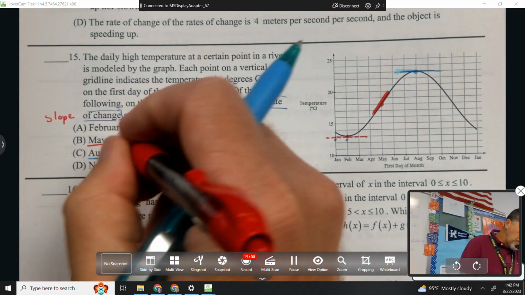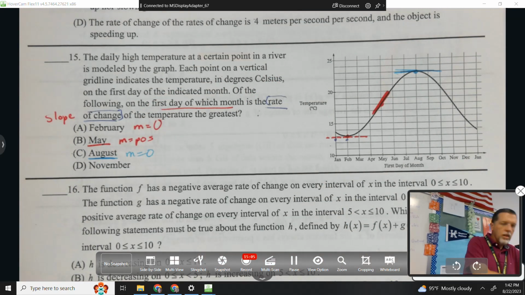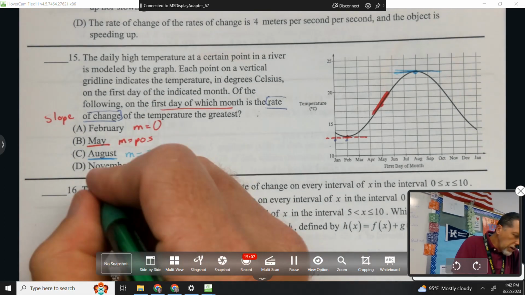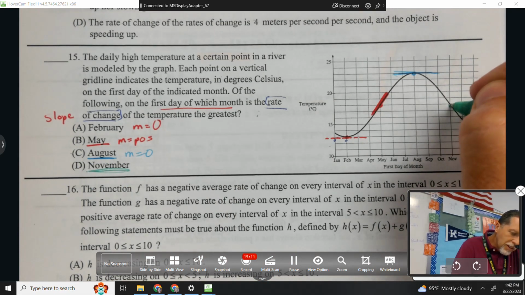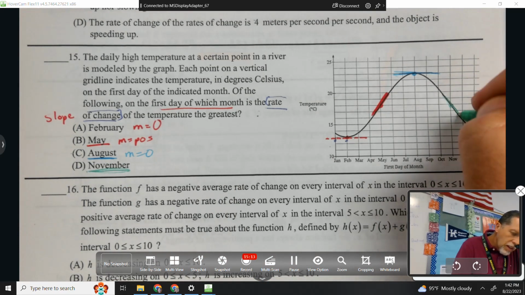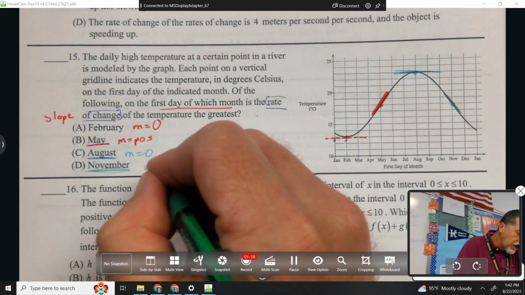You know, I can say May is positive. That's about all I can say. And then in November, I think I know my answer. November, the slope is negative.